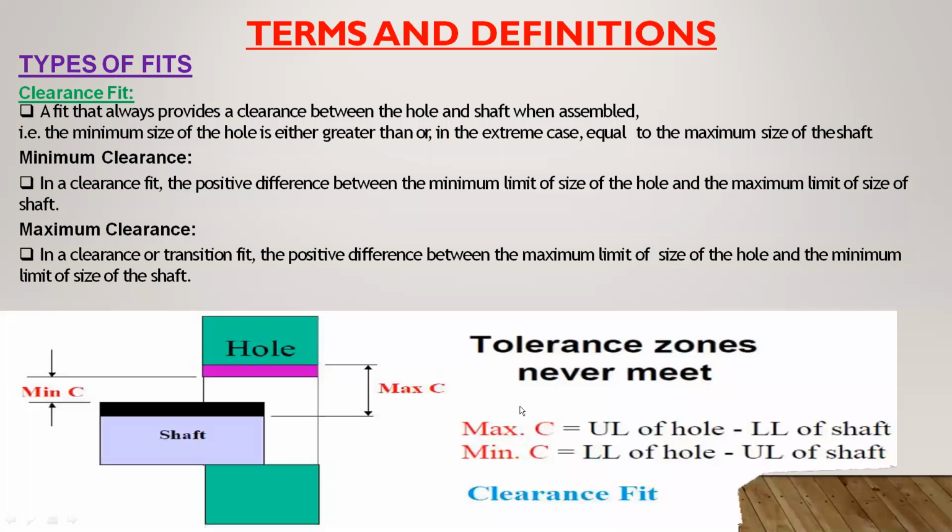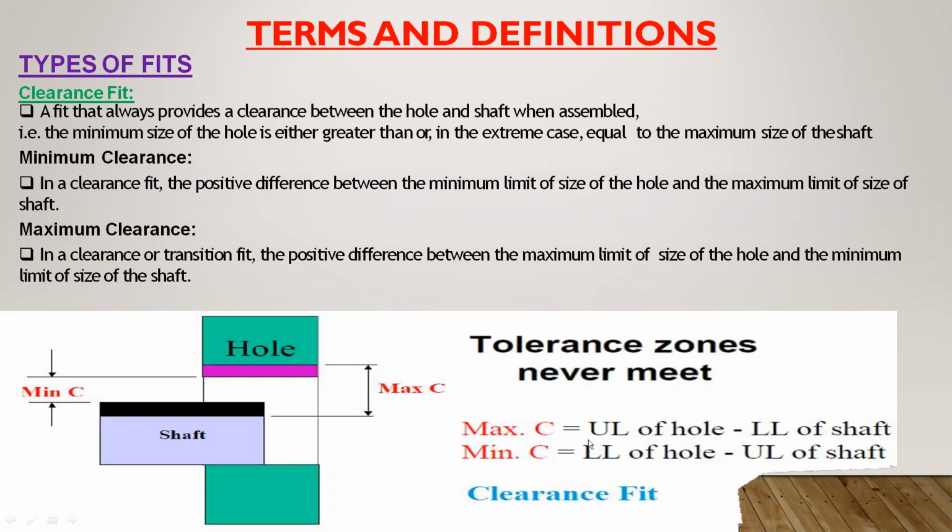Here you can see the maximum clearance and the minimum clearance, indicated as C, that is maximum C and minimum C. For the maximum clearance, it is the difference between the upper limit of the hole and the lower limit of the shaft, and for the minimum clearance, the difference between the lower limit of the hole and the upper limit of the shaft.